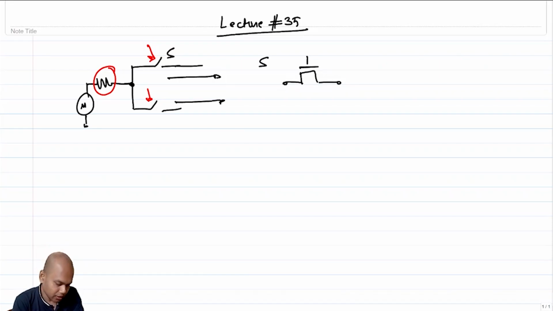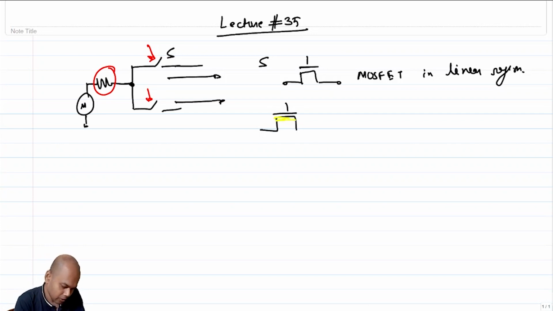So this MOSFET in the linear region essentially means that there is a channel here, with a bunch of inversion charges available, which gives some resistance.